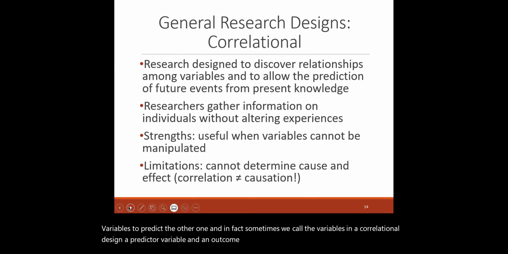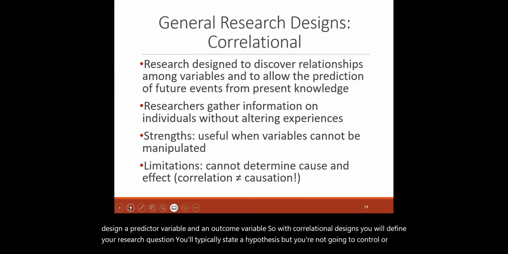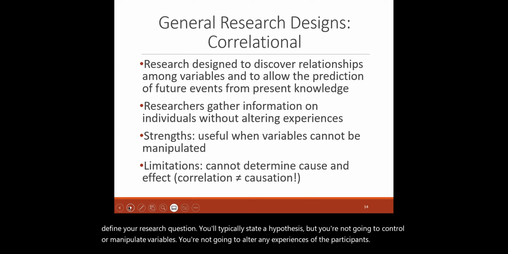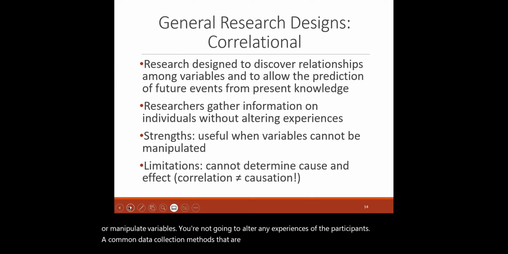So with correlational designs, you will define your research question. You'll typically state a hypothesis, but you're not going to control or manipulate variables. You're not going to alter any experiences of the participants. Common data collection methods that are used with correlational designs: surveys are very common, naturalistic observations, interviews.